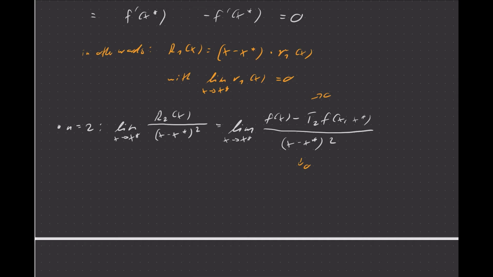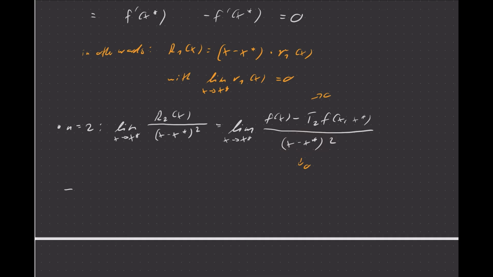And that means we have an expression of the form 0 over 0. This one here is surely a differentiable function. f is differentiable, and the Taylor polynomial is a polynomial that's also differentiable. And this here is also a polynomial, so differentiable. And that means we can apply L'Hopital's rule to this limit.